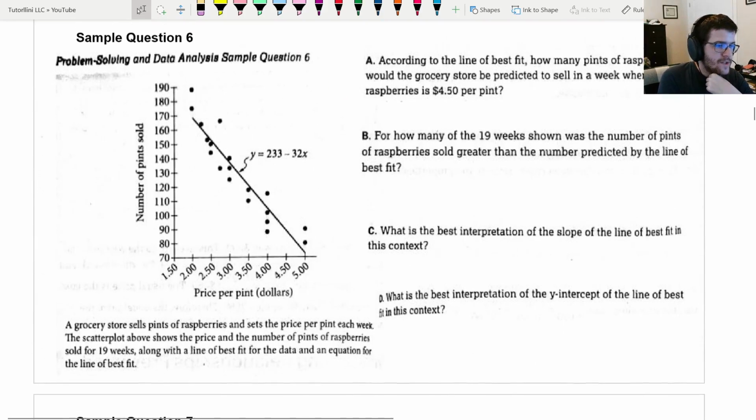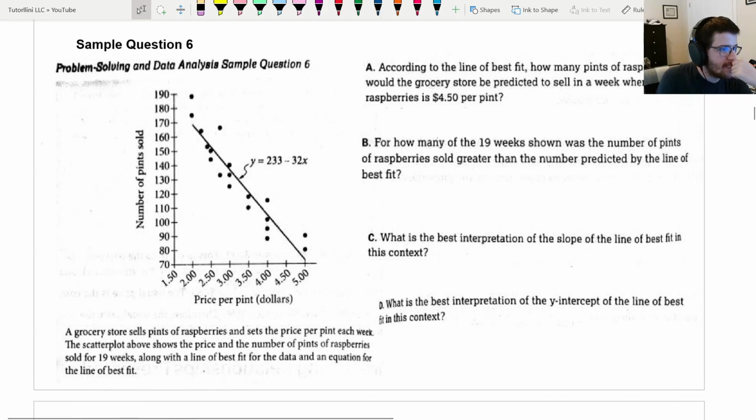All right, this one. So first it says, how many pints of raspberries would the grocery store be predicted to sell in a week when the price of raspberries is $4.50 per pint?